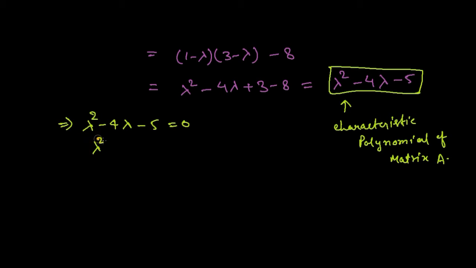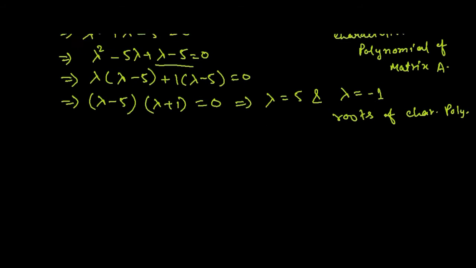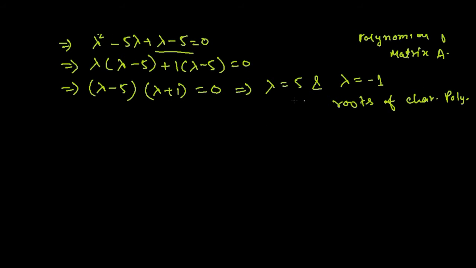On solving, lambda equals 5 and lambda equals minus 1 are the roots of our characteristic polynomial. And these roots are nothing but the eigenvalues of our matrix A.